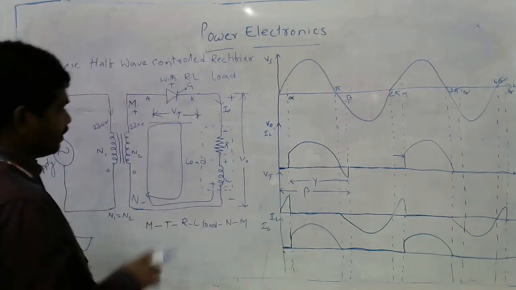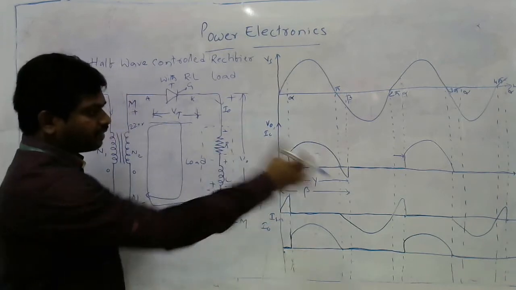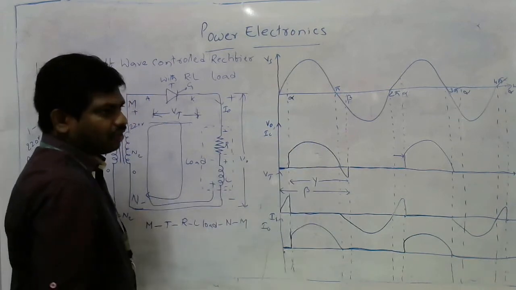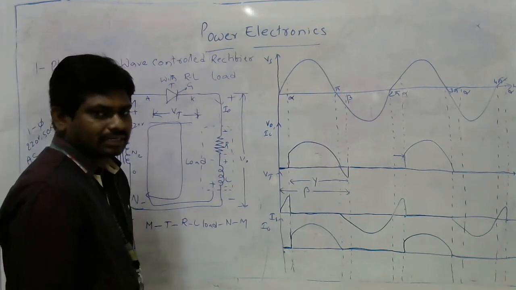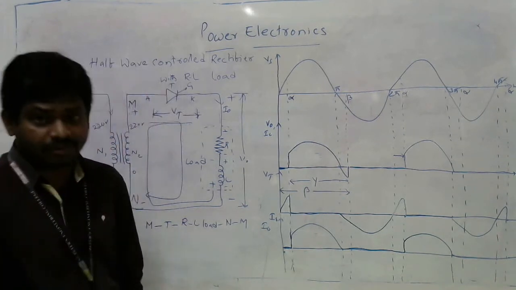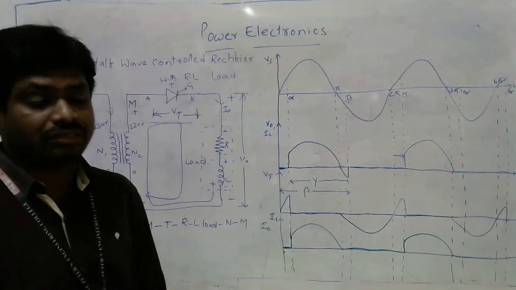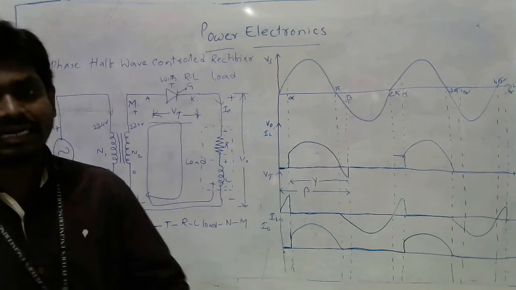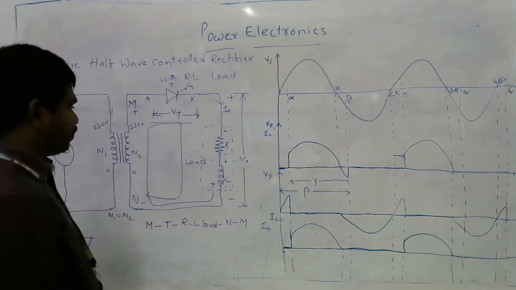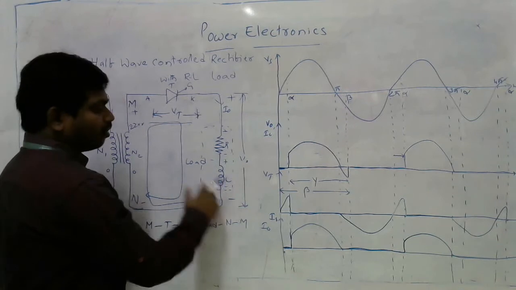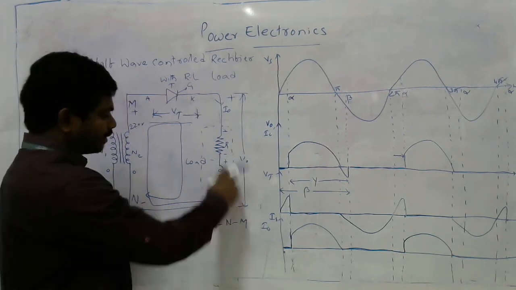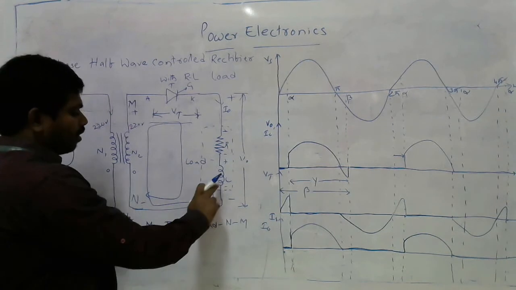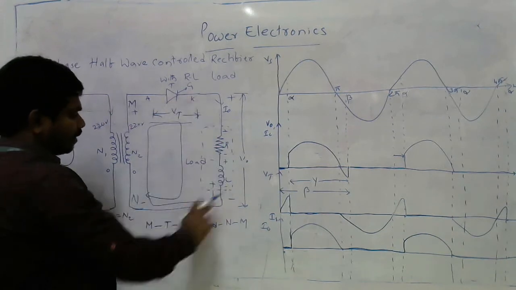After the positive half cycle completes, the negative half cycle comes into action, but our thyristor is still in the conducting state. Instead of turning off and returning to the forward blocking state, it continues in the on state, because the inductor works there as a source, providing the current in the circuit.